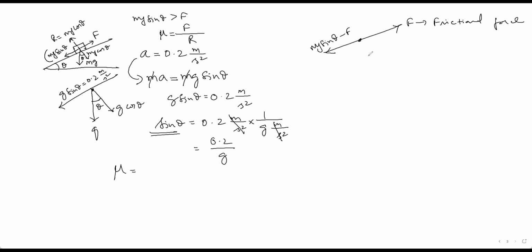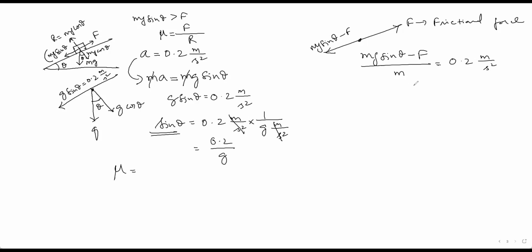So they have given this as mg sine theta minus F, so that has an acceleration, right? So this whole thing divided by m will be equal to 0.2 meter per second square. Do you catch that? Yes, uncle. Question me if you are not clear with this.